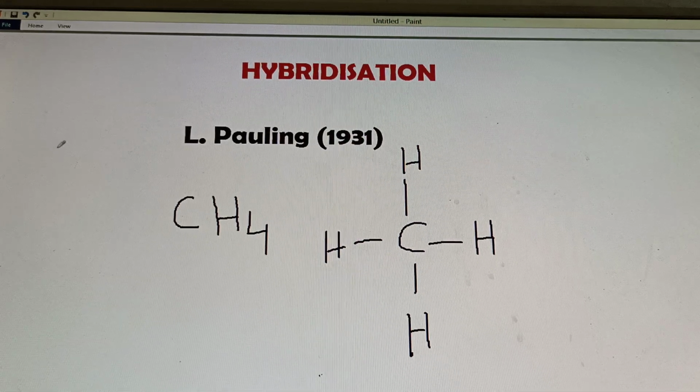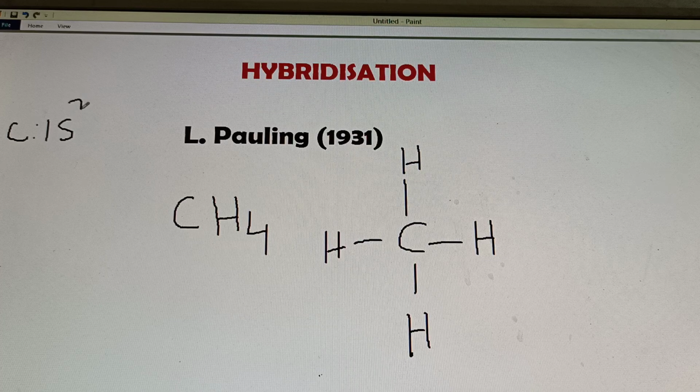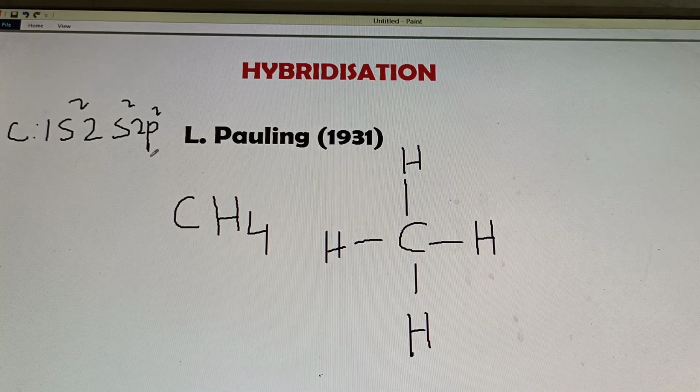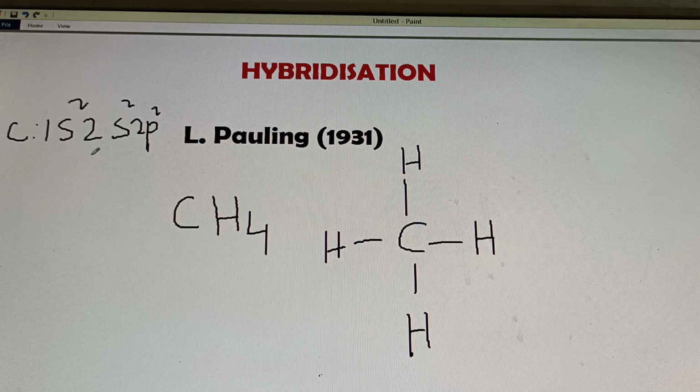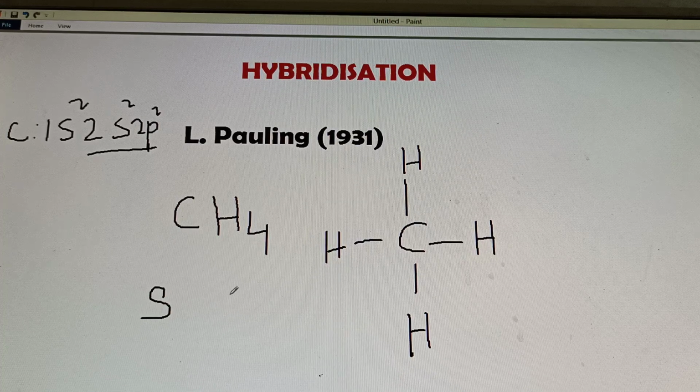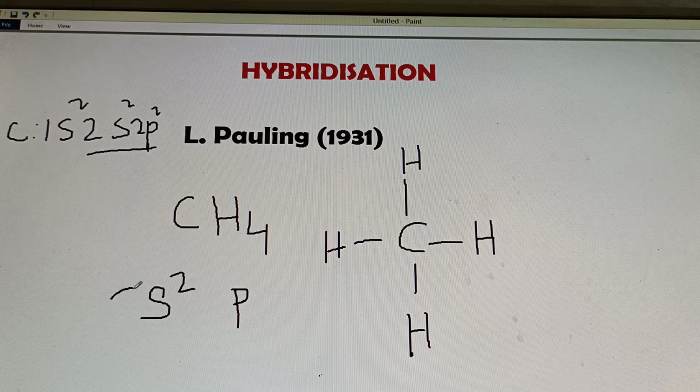Now, in carbon, we know the electronic configuration 1s2, 2s2, 2p2. So here the valence shell has s orbital and p orbital. In s orbital 2 electrons are there, that is 2s2, and in p orbital, 2p2, 2 electrons are there.